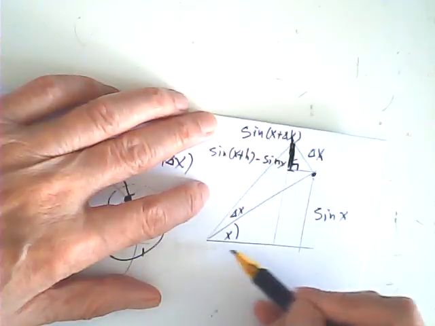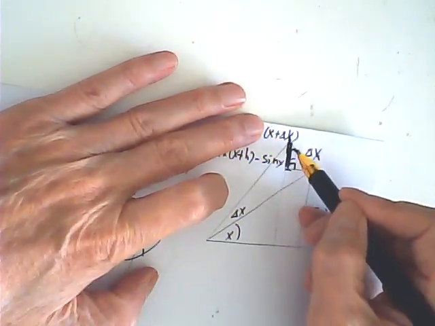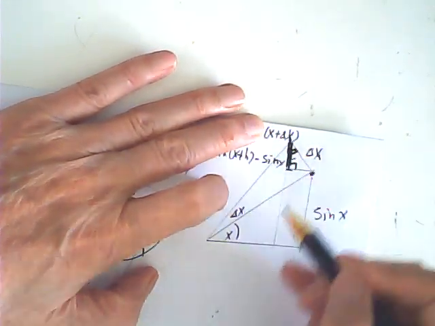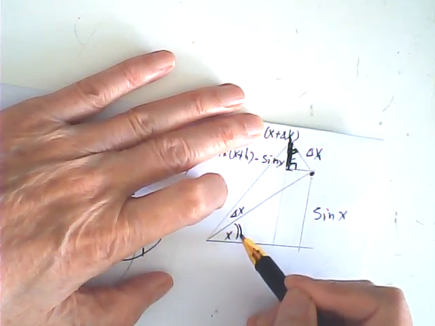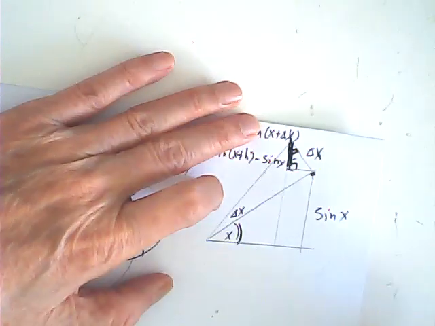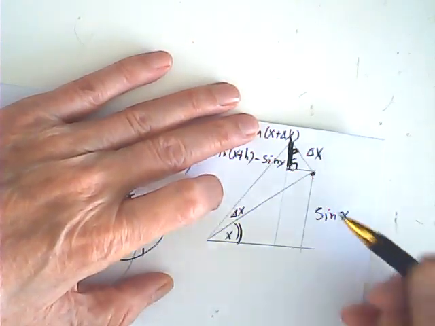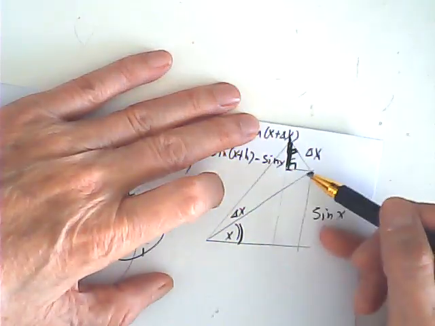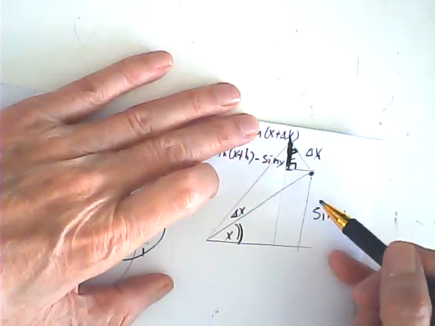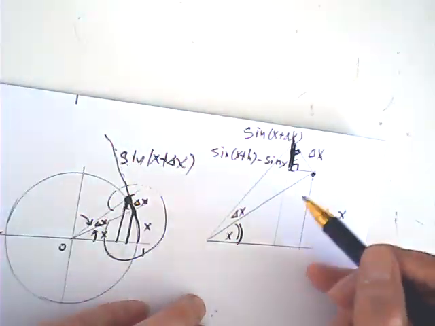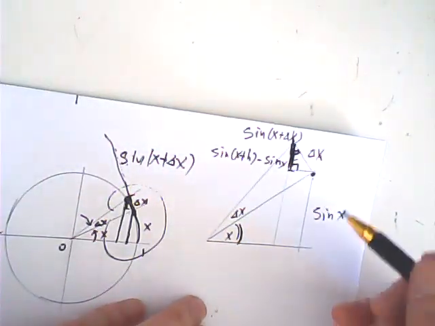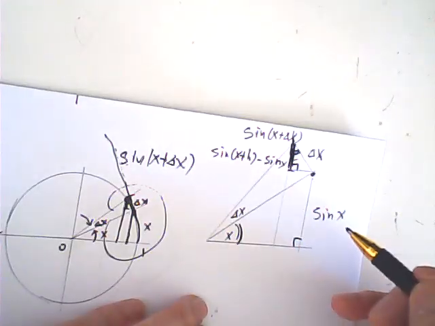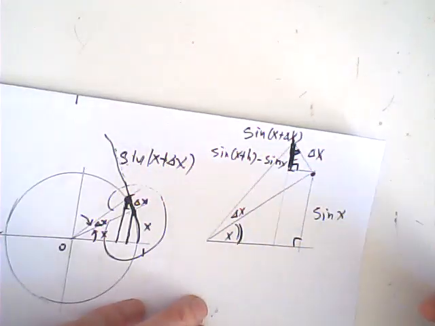Therefore, this angle must be equal to that angle. So therefore, this angle is this angle. This is the right angle. Therefore, these two triangles are similar.